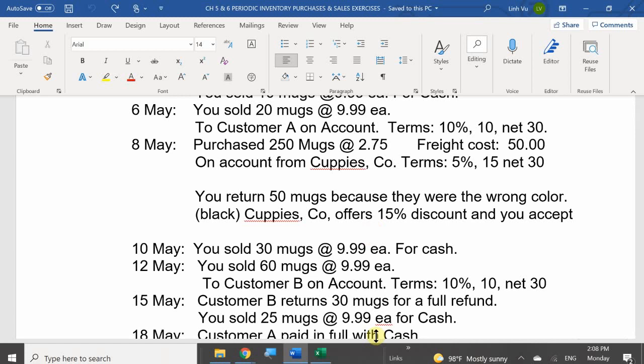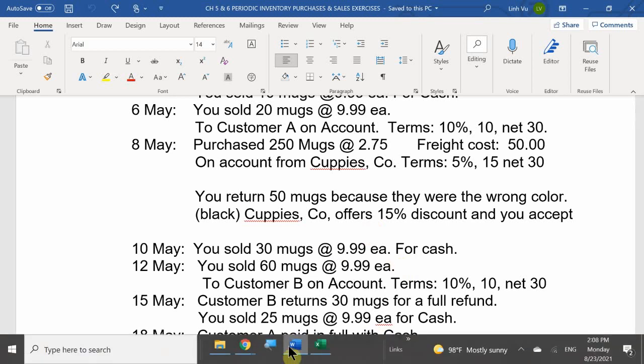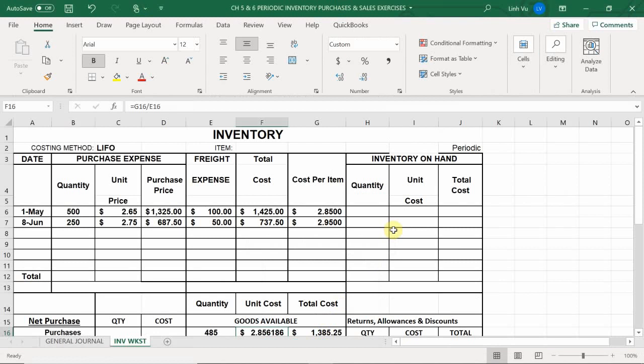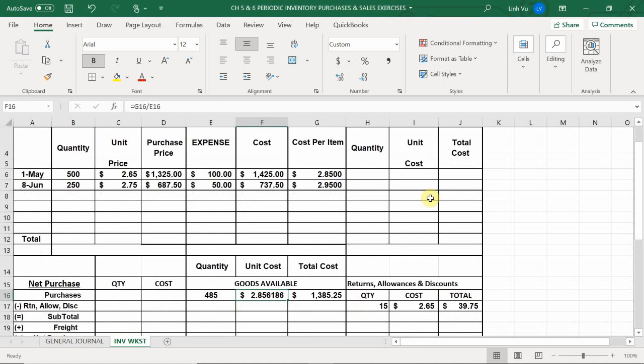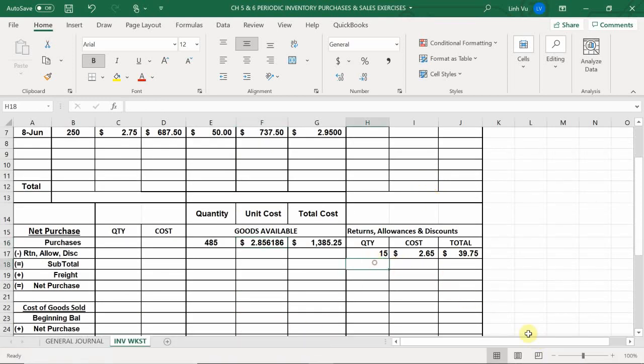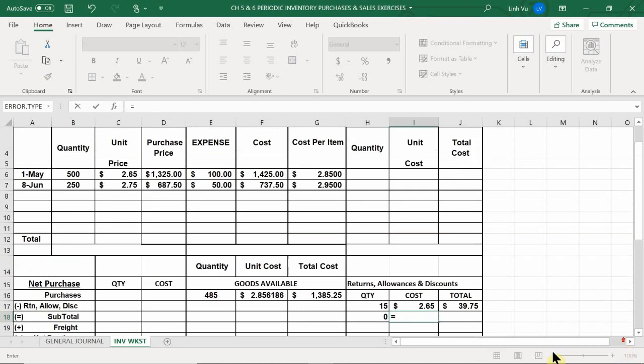Do we do the 50 mugs at $2.75 and take 15% off of that? Excellent. That is correct. So I'm going to save some calculation work on my journal and just do it right in my inventory worksheet. In this case, did I actually return any of the coffee mugs? No. However, it's going to cost me $2.75 per mug.